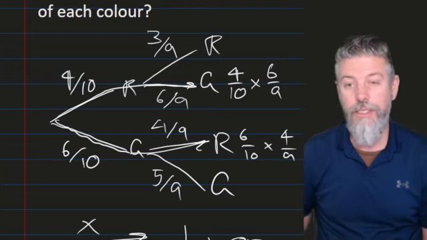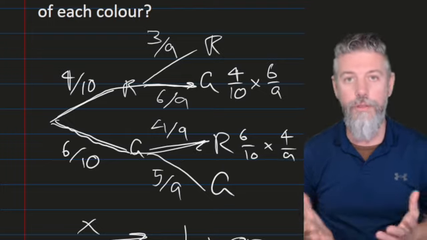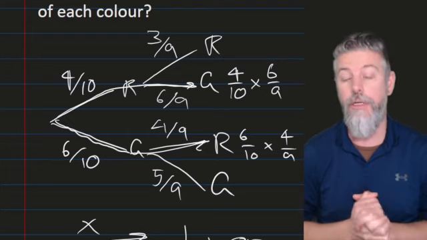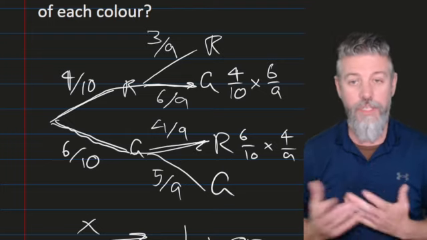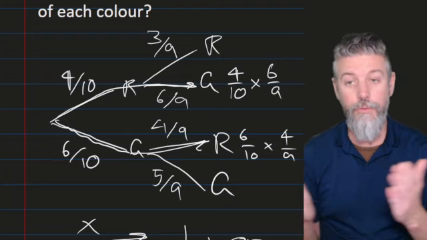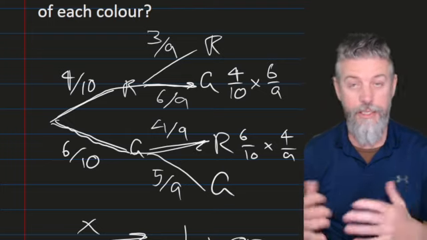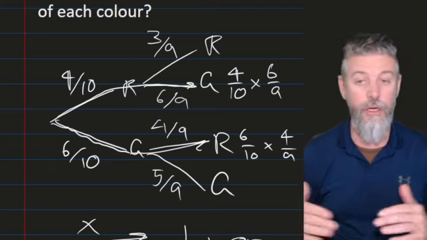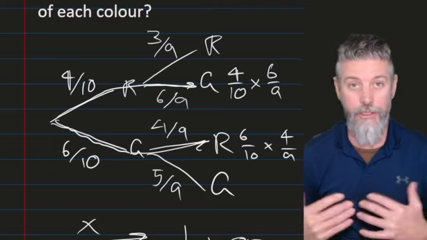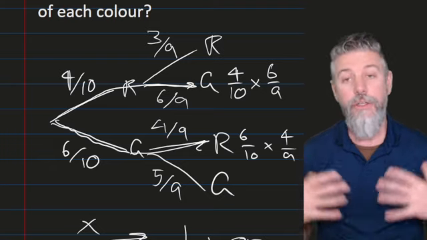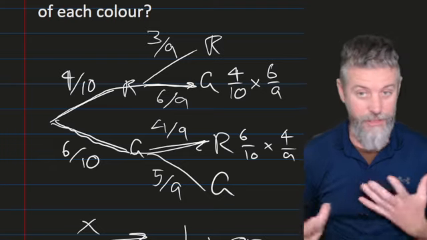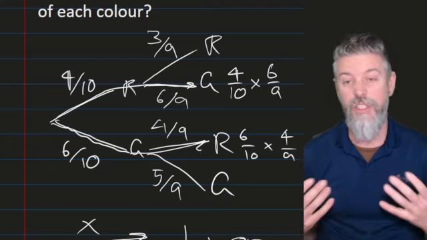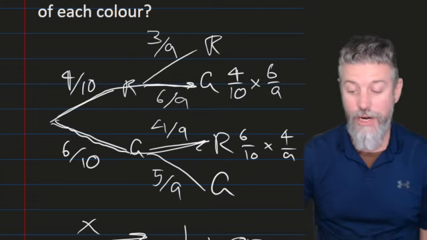Now you might recognize something here, and I think it's worth noting. It's not always the case, but it's worth noting. When you multiply these fractions together, the 6 and the 4 at the top make 24, and the 9 and the 10 down the bottom make 90. And it's the same in the other one: 6 times 4 at the top, 24, 9 times 10 at the bottom, 90. So they're actually the same fractions, the results that we're going to get out. So when we add them together, we're just adding the same fractions together.